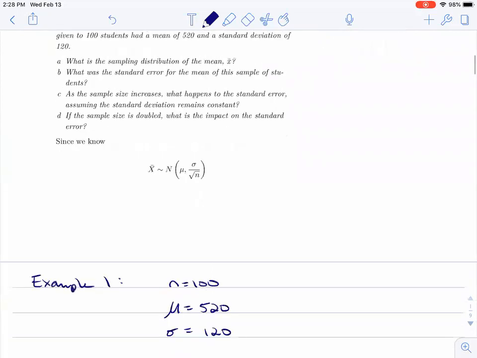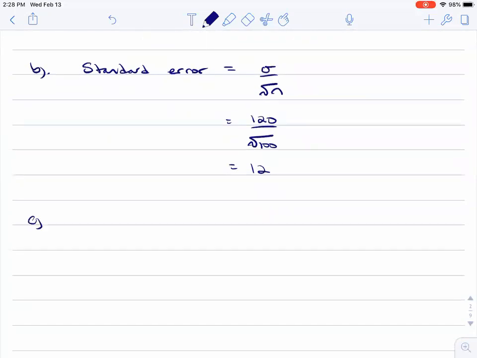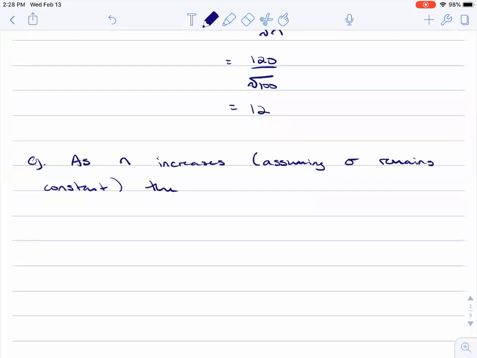We already said this, but as n increases, assuming sigma remains constant, the standard error, sigma over root n, will decrease.